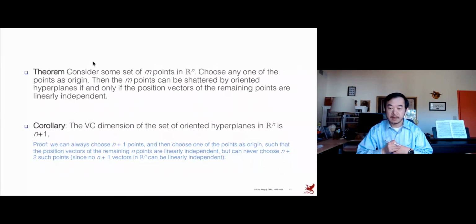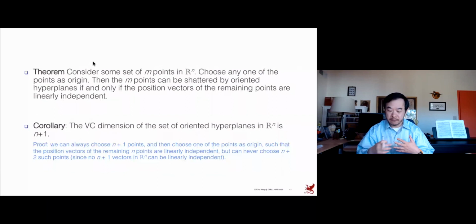Basically, that tells you, in an n-dimensional space, and with a hyperplane in the n-dimensional space, what is the maximum number of data points that can be shattered?